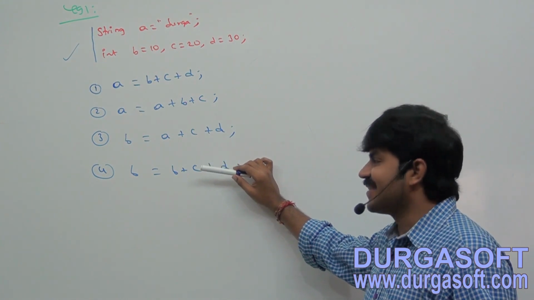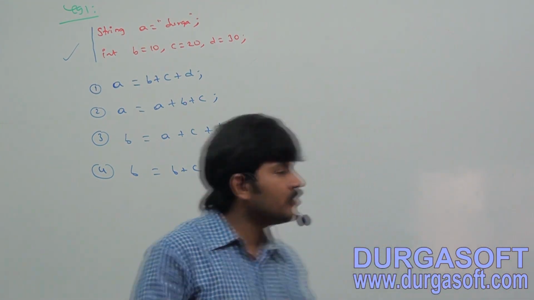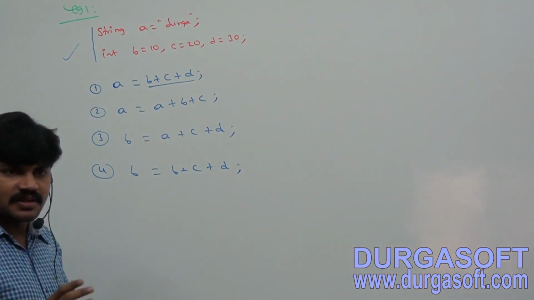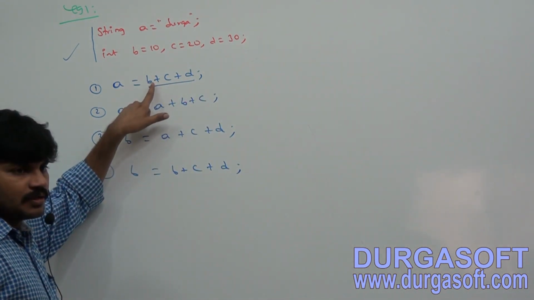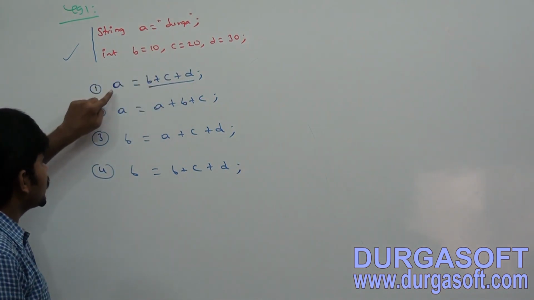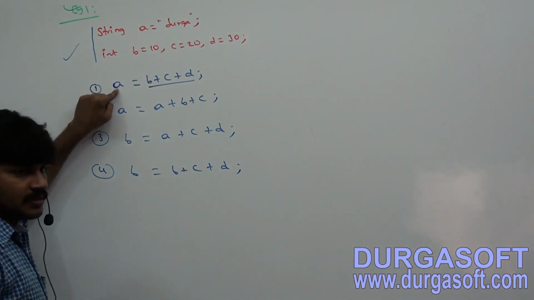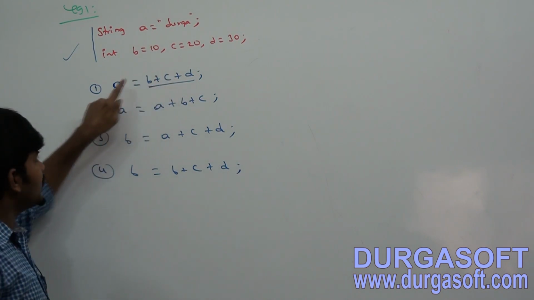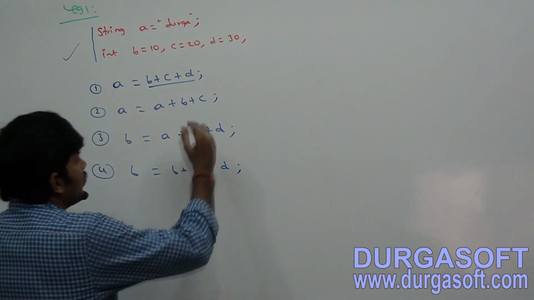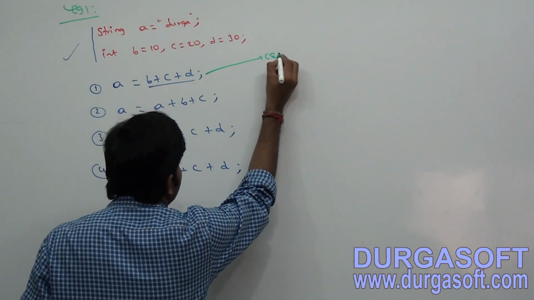Okay, listen to this one. A is equal to B plus C plus D. Sir, B plus C plus D is what type? Int type. An int value, how can you assign it to the string variable? Sir, I am trying to assign an int to the string variable. Immediately we are going to get a compile time error. Sir, what is that compile time error?